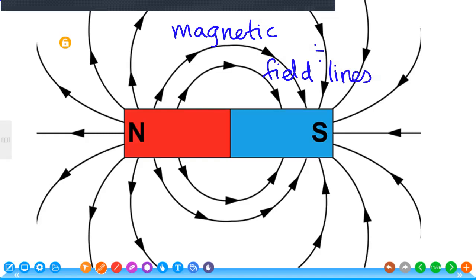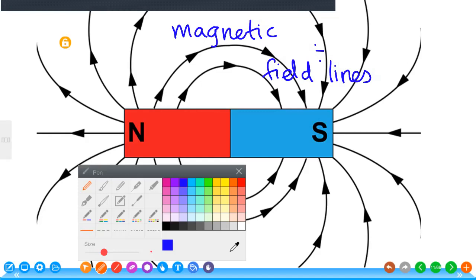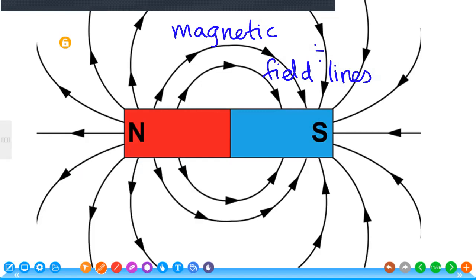Really, the exact definition given for these magnetic field lines is the path taken by a small north pole kept near the north pole of the given magnet. Now imagine this one is a powerful bar magnet.